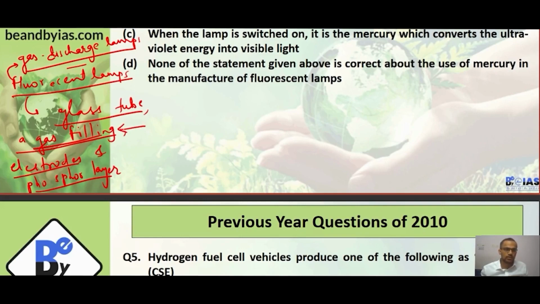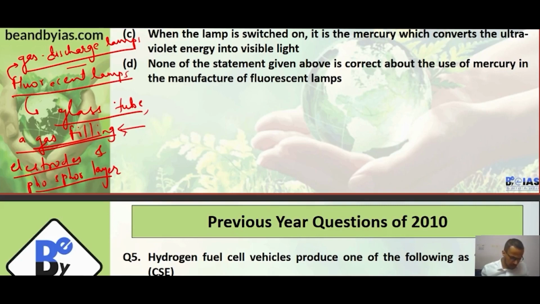We have already discussed that they have gas filled inside them. Through that particular gas, electric discharge is sent in order to make sure that light is produced. Right?